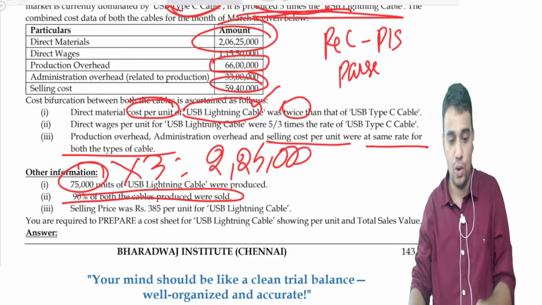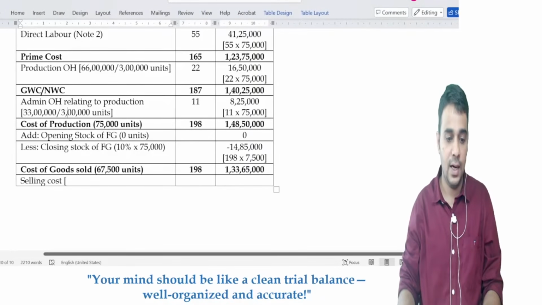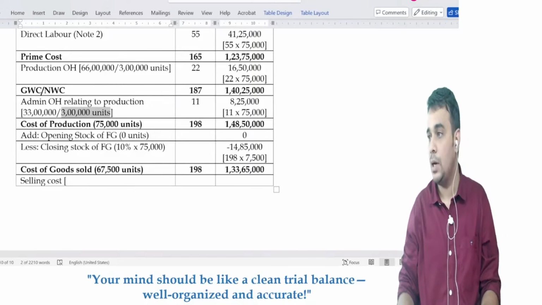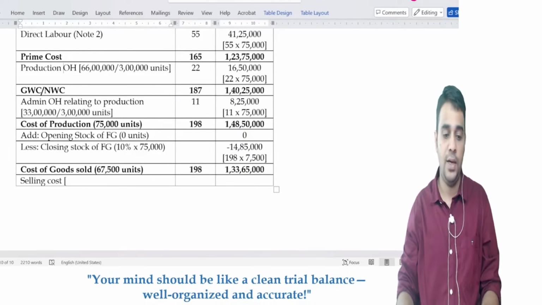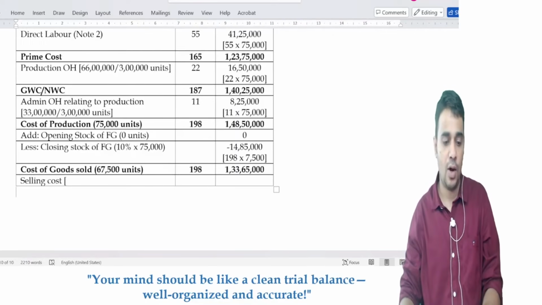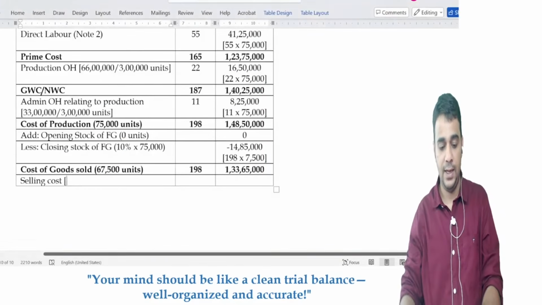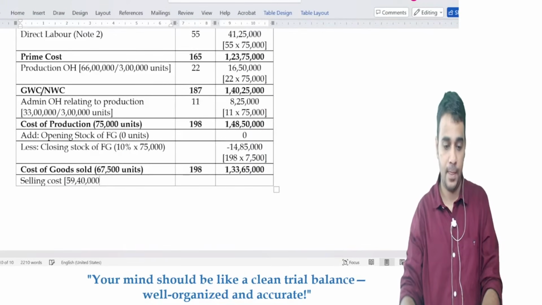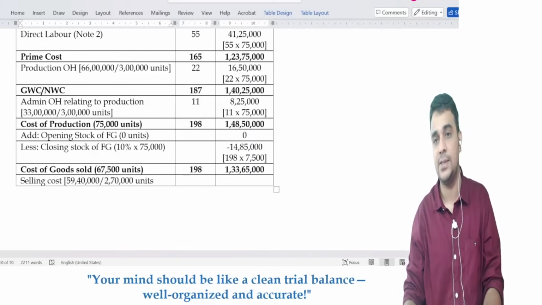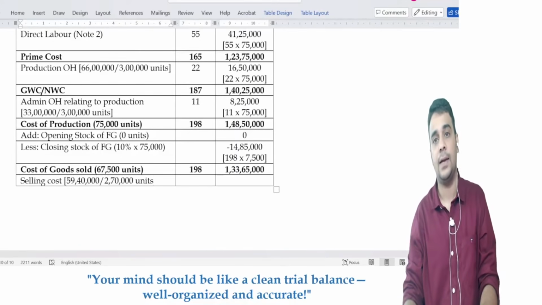Here we divided by 3 lakh units because it was on the production. Here also we divided by 3 lakh units because it was on the production. Selling cost, in bracket, 59 lakh 40 divided by 2 lakh 70,000. What is 2 lakh 70,000? It is 90% of 3 lakh.